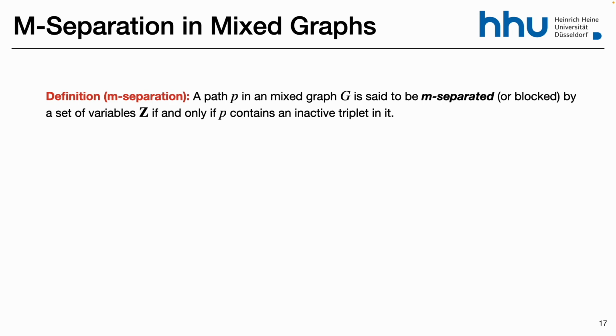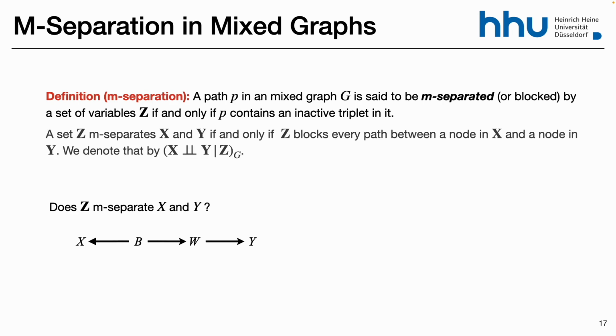Okay. So with this, we define something that's called m-separation. M, because it's for mixed graph separation, is the same thing, just a new name. That's why I'm going pretty fast here. This is exactly the same example as before.